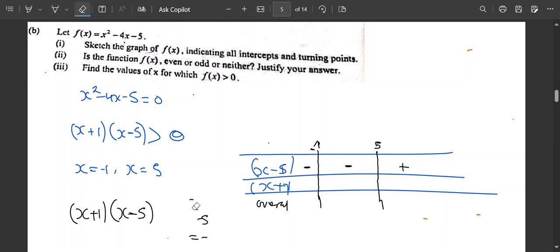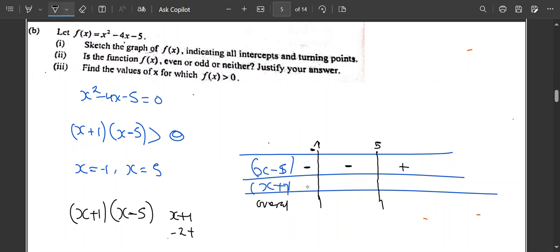So I'm done with this first factor. Now I'm coming to this one, x plus 1. I'm testing numbers that are on this side, less than -1, so I can have -2. If I put -2 there plus 1, I'll get a negative, right?